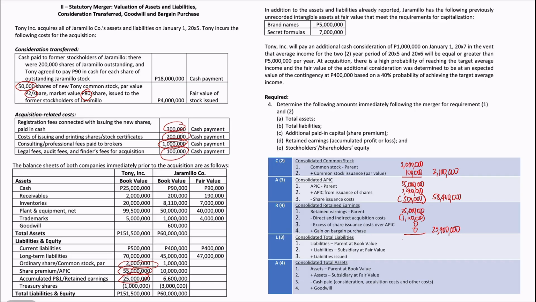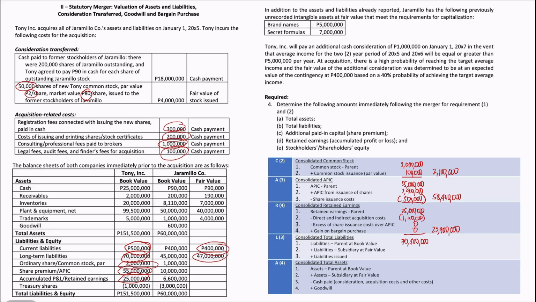Next is consolidated total liabilities. The liabilities of the parent is 70 million plus 500,000. That's 70,500,000. The liabilities of the subsidiary at fair value is 47 million plus 400,000.